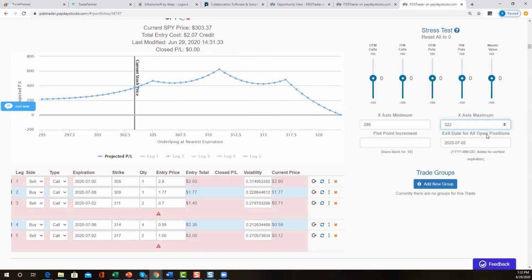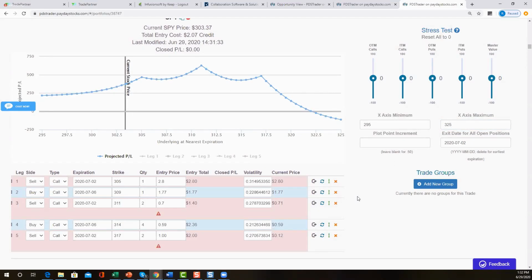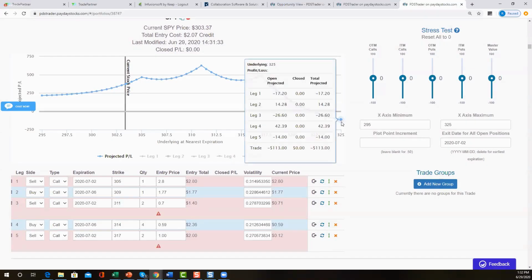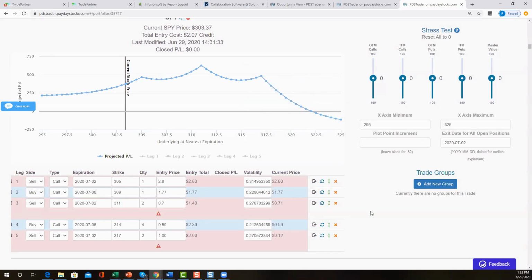How much risk do I have total if everything skyrockets? And by the way, Thursday's unemployment report, market might skyrocket. You never know. Or it could tank. But at that point, I'm risking about $115-ish at 325, maybe $125 at that point.